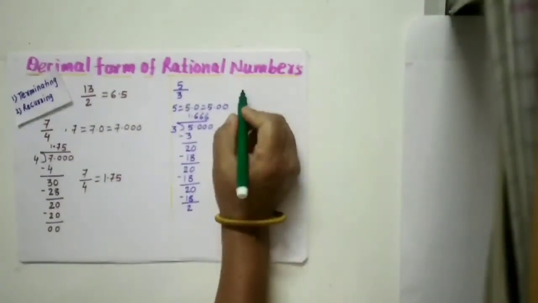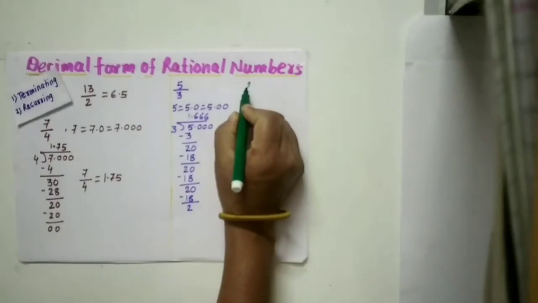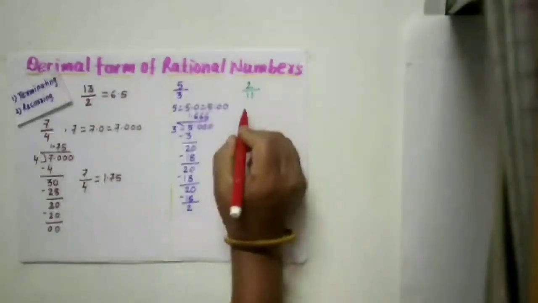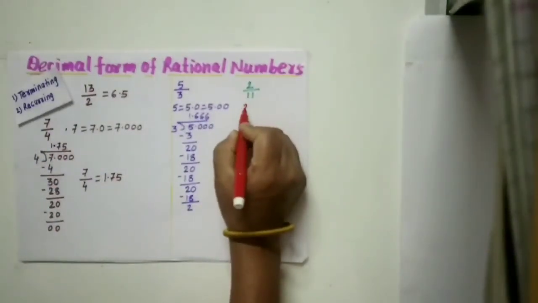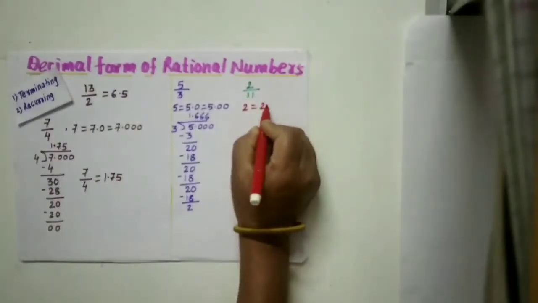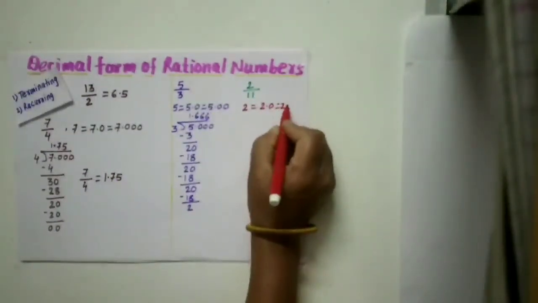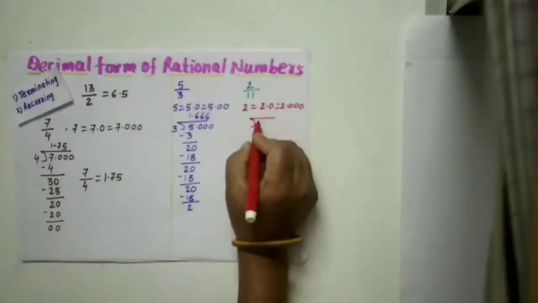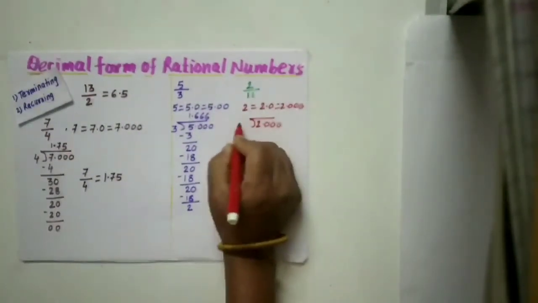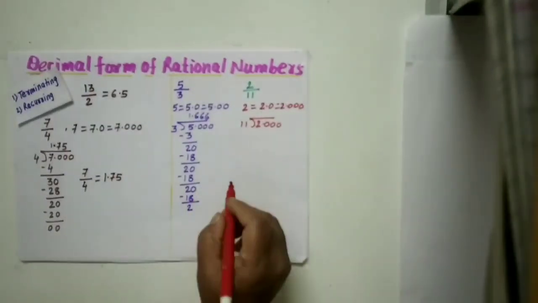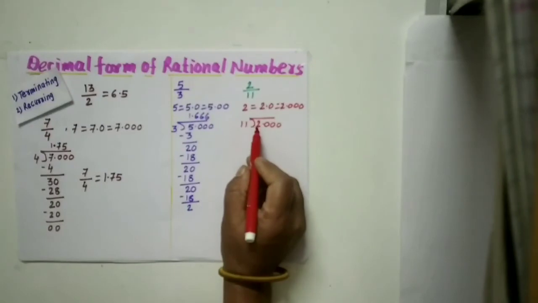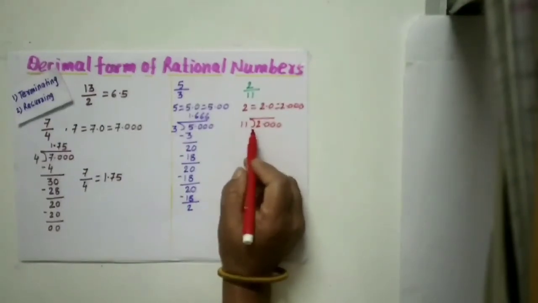Write the number 2 by 11 in decimal form. Same like that, 2 can be written as 2.0 or 2.000. Now divide this. 2.000 divided by 11. Here it is not possible to divide 2 by 11, 2 is smaller.